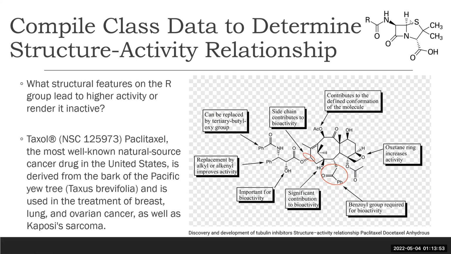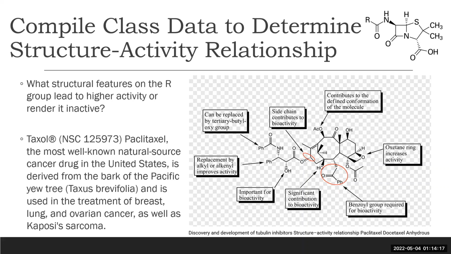So I wanted to give you an example of what can be found out by looking at structure-activity relationships. We're looking at paclitaxel, which is branded Taxol. You can see it's a very complex structure. It's naturally derived, so they found it in the bark of yew trees.